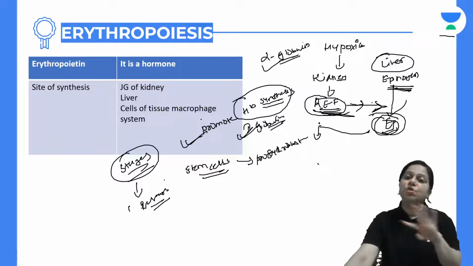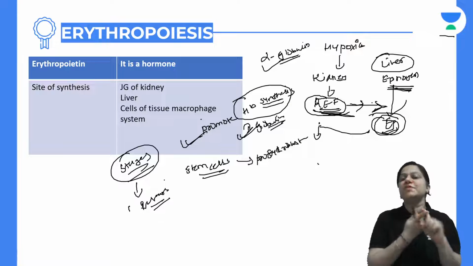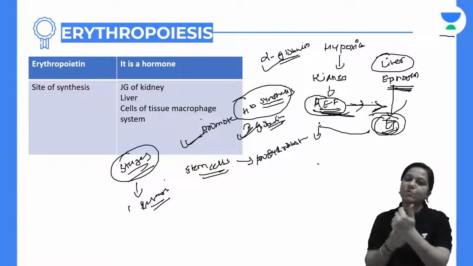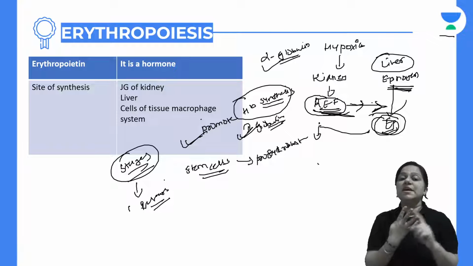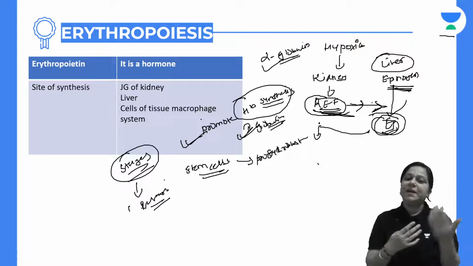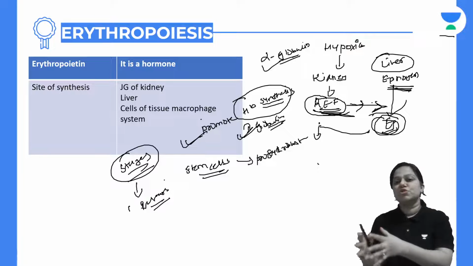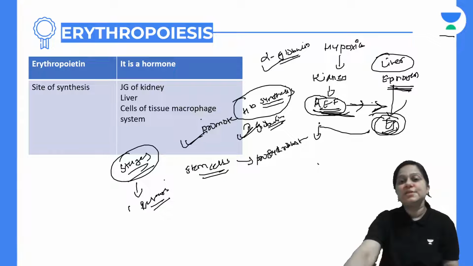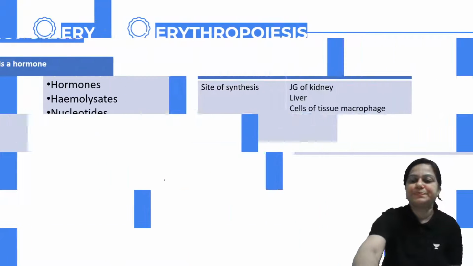These are the four important actions of erythropoietin. From the pronormoblast and normoblast stages, it promotes the formation of mature RBCs.